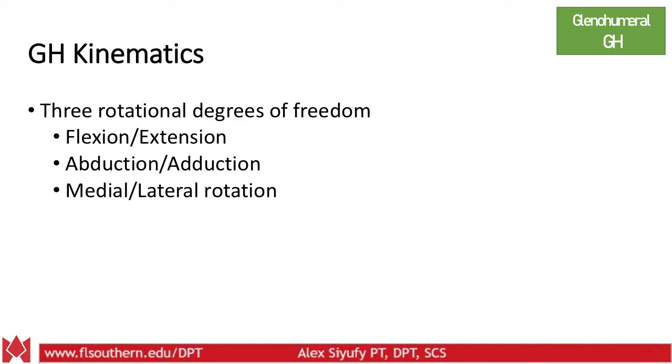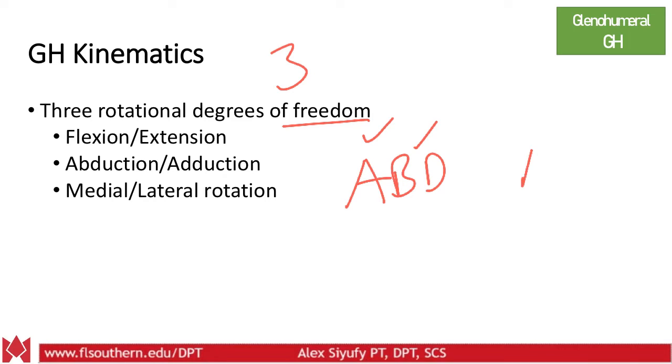In terms of the kinematics and the motions, there are three degrees of freedom generally for the glenohumeral joint. Flexion we'll abbreviate with a check mark, typically in our documentation. Extension with a slash. You have abduction. Abduction and adduction we refer to as ABD or ADD.